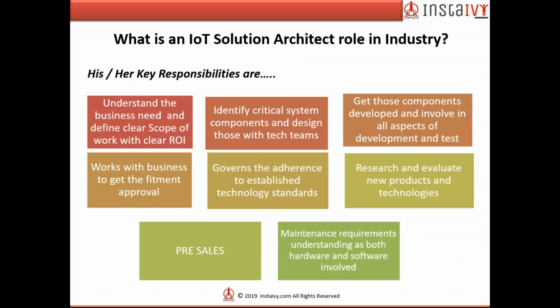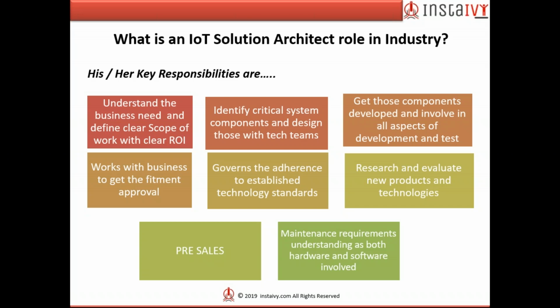And the role in the industry for a typical IoT solution architect is that he should understand the business needs, scope. He should be able to identify the critical system components. So once somebody has an understanding of IoT and the different roles which I explained earlier in my diagram, he should understand, okay, in this situation this is the kind of protocol which might work. I'm not saying that he will be able to program for that protocol.